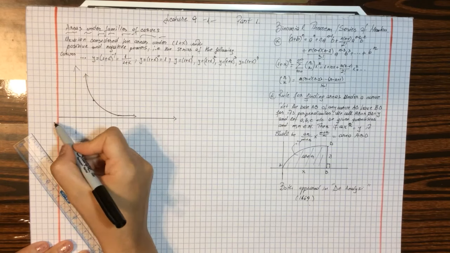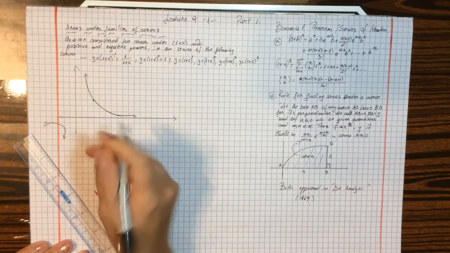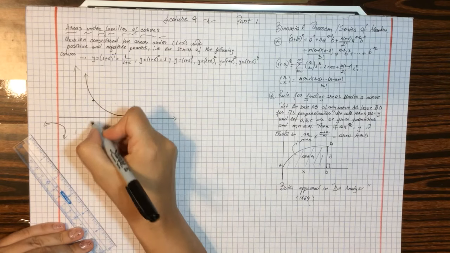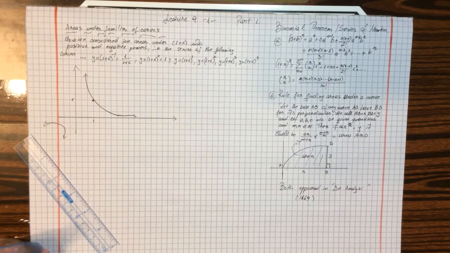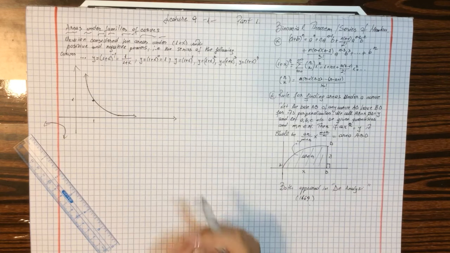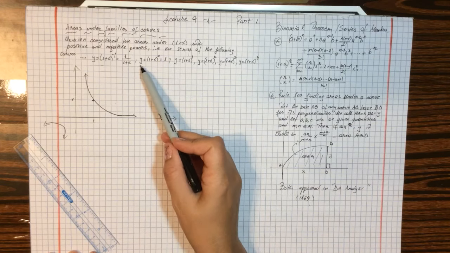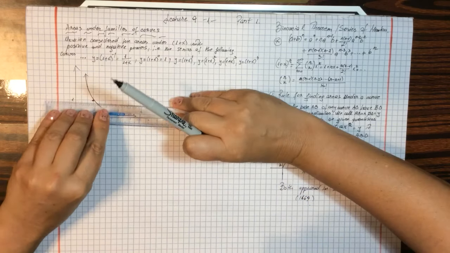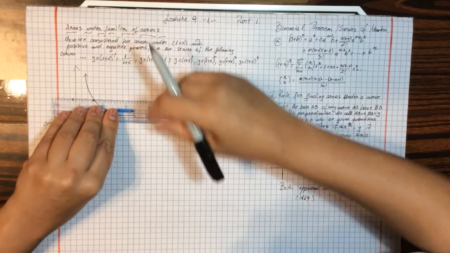And it has another part this way, but I'm not interested in that. Okay, so here we have 1, and here we also have 1. And let's see, what about the curve 1 plus x to the power 0? This is just y equals 1. So that is this line.